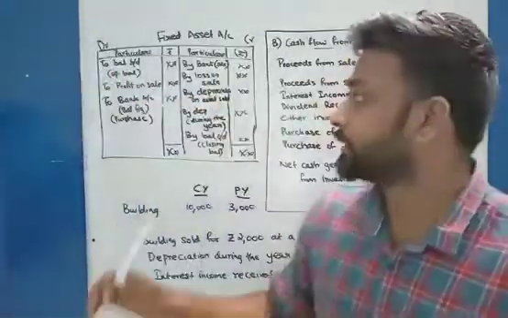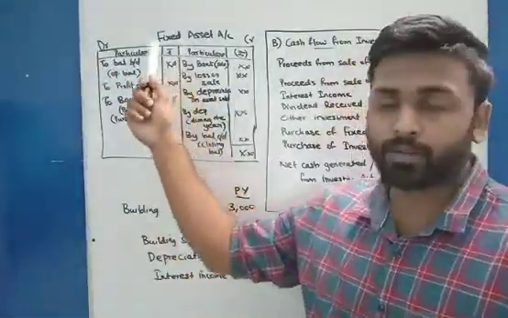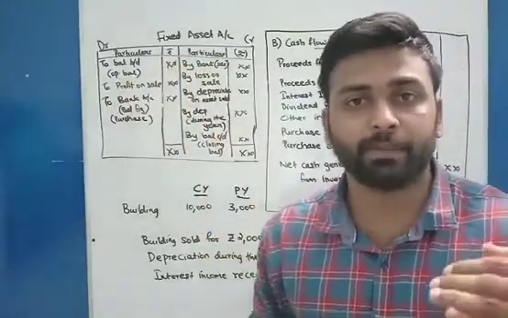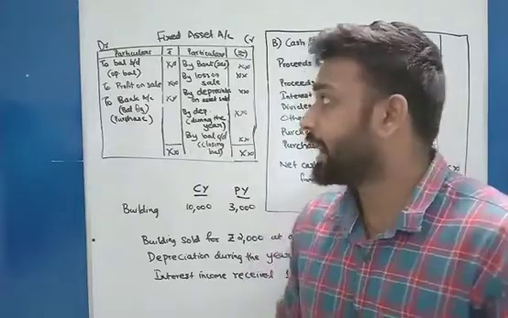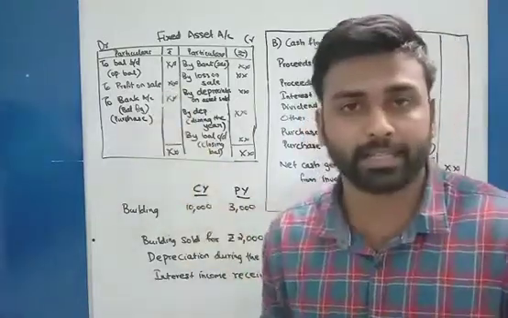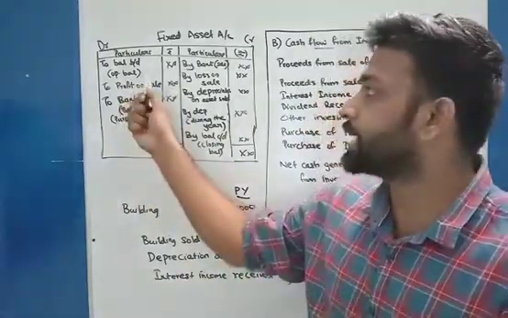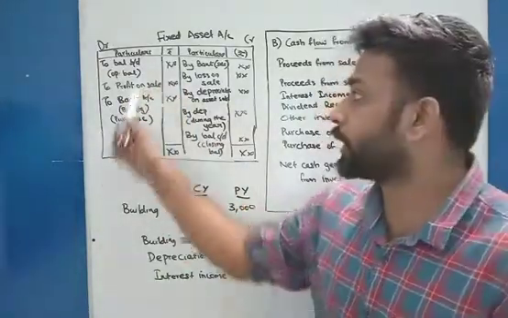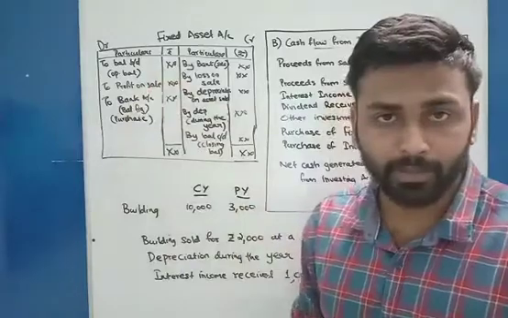In a fixed asset account, the debit side means the value of the fixed asset increases and the credit side means the value decreases. First we give the opening balance of the fixed asset as 'to balance brought down'.